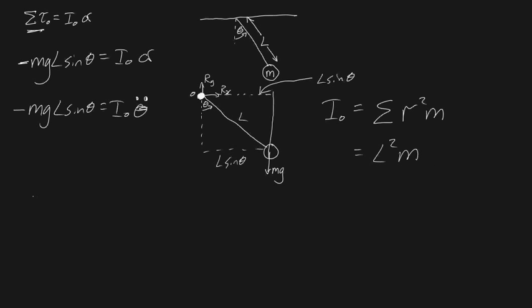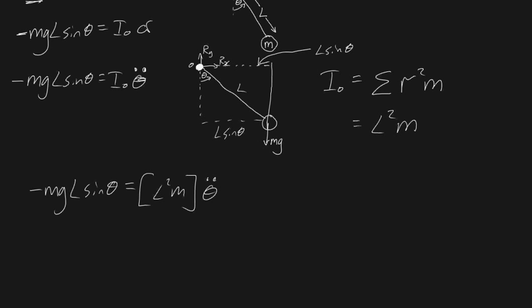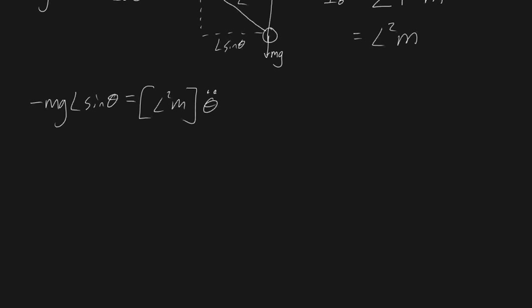Okay, so we can sub that in now, and we're left with minus mg L sine theta is equal to I0, which is L squared m, times theta double dot. Alright, let's continue this even more. Let's make theta double dot the subject of the equation, and we can write theta double dot is equal to minus mg L sine theta all divided by L squared m.